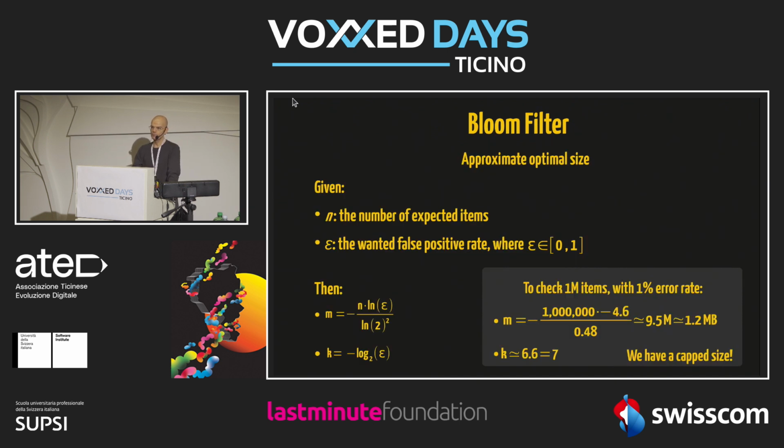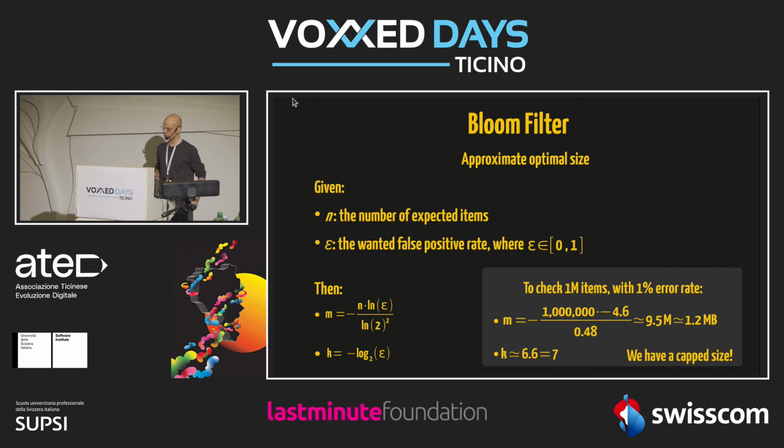If we want to make sure that we have some kind of performance from our Bloom filter, and for example we know that we are expecting a certain amount of different items, and we want a specific false positive rate, where n is the number of expected items and epsilon is the value of the false positive rate, then m, which is the size of the bit array, must be given by this formula, and k, the number of hash functions, is given by this other formula.